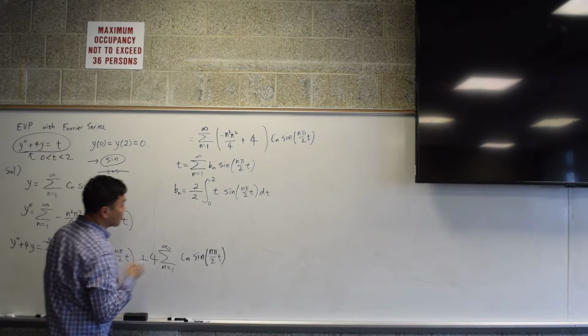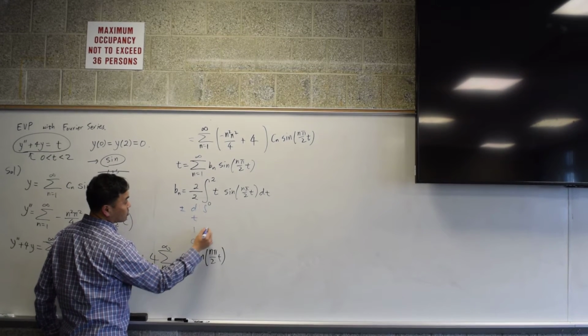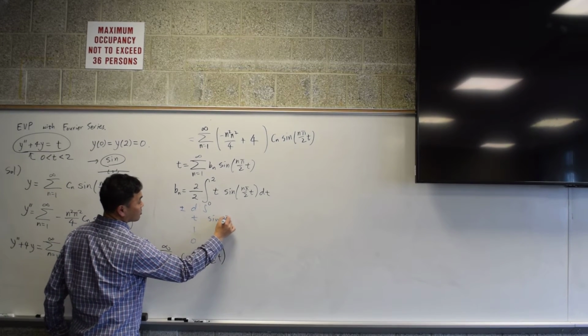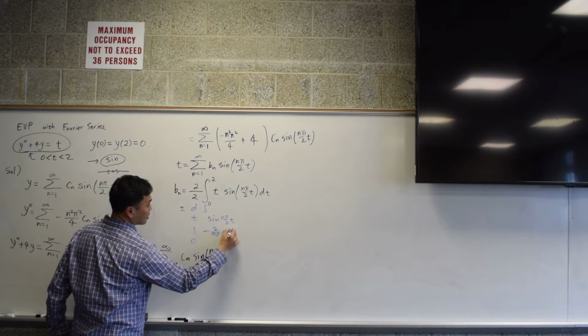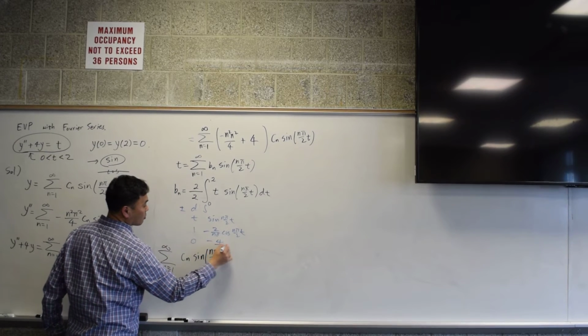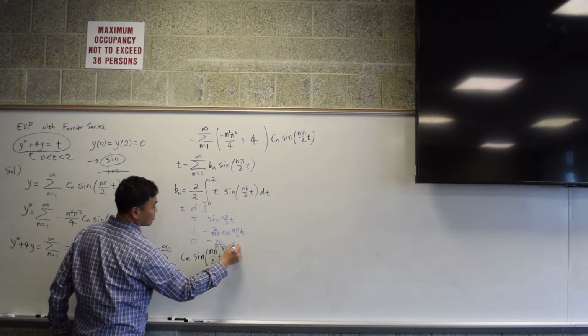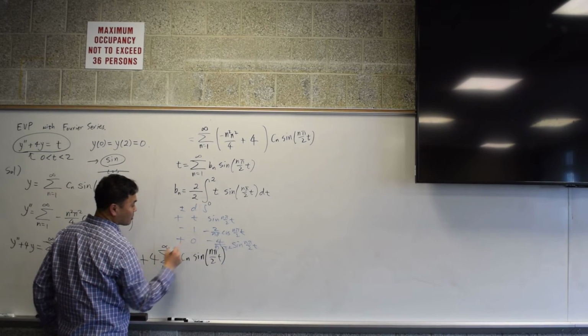Plus minus, derivative and integral: t, 1, 0; sine(n pi over 2 t), negative 2 over n pi cosine(n pi over 2 t), negative 4 over n squared pi squared sine(n pi over 2 t); plus minus plus.